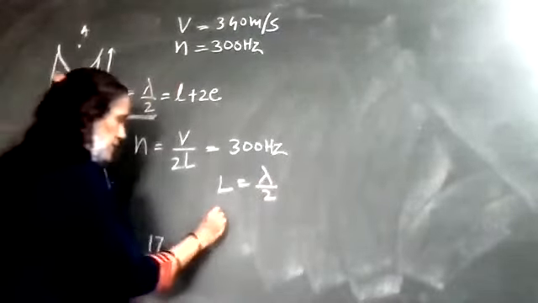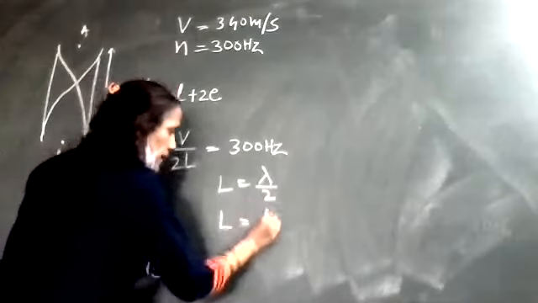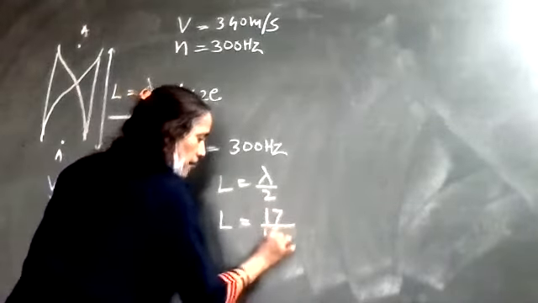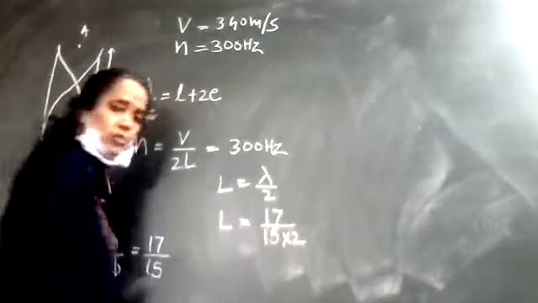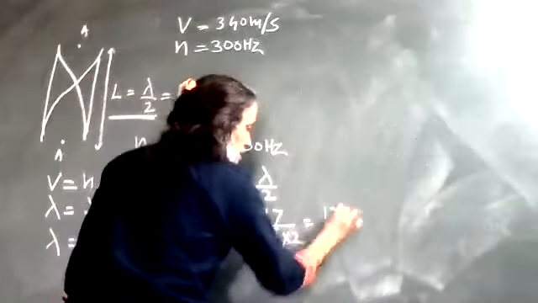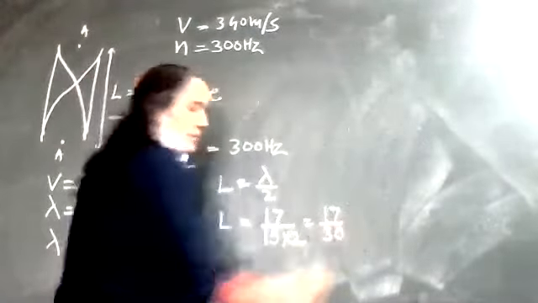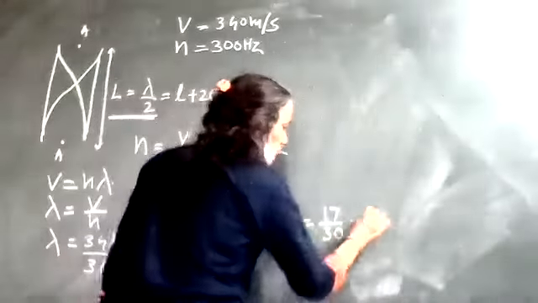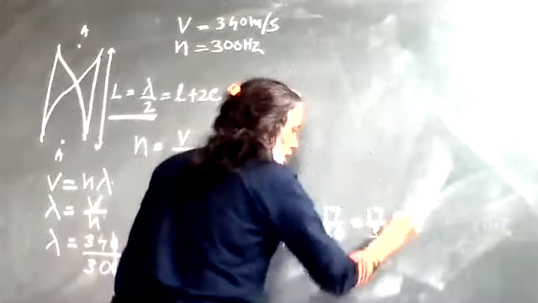So what I can say is that L is equal to lambda, which is 17 by 15 divided by 2. That means 17 by 30, which I can write as 17 by 3 into 10 raised to minus 1.